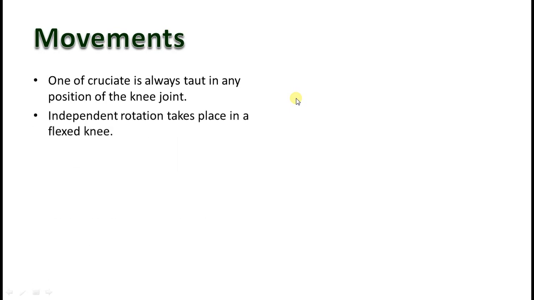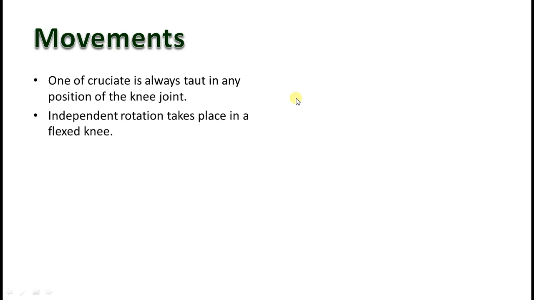Now, in a flexed knee, if the knee joint is flexed, independent rotation takes place. Not only that, I told you there is medial rotation of the tibia during the later stages of extension, and medial rotation of femur in the later stages of extension, and lateral rotation of femur in the beginning of flexion.